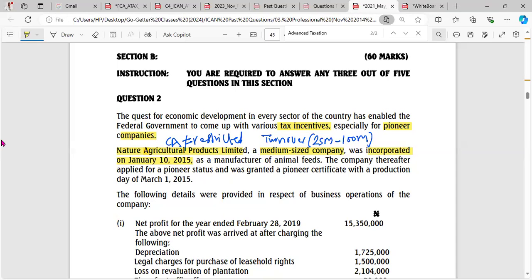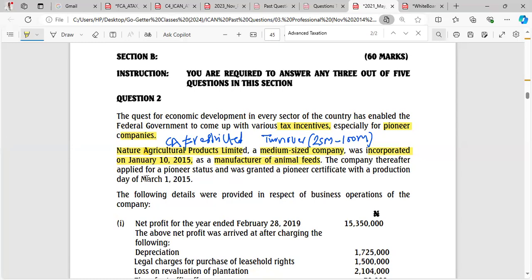You can incorporate a company legally; it's as though you give birth to the company on that day. All right. Now this is a manufacturing company of animal feeds. So it's a manufacturing company, so capital allowances is not restricted.